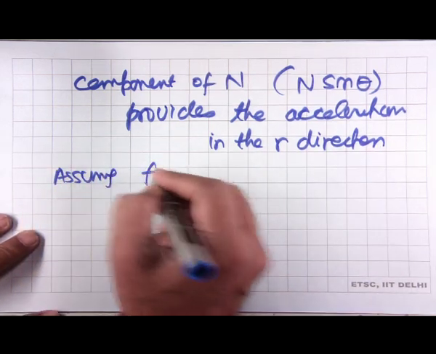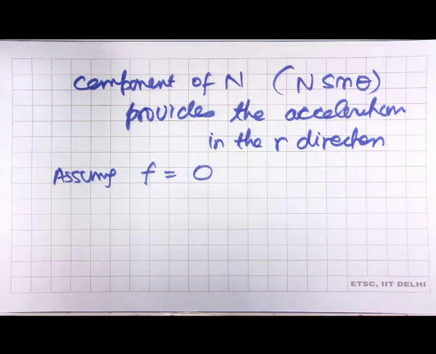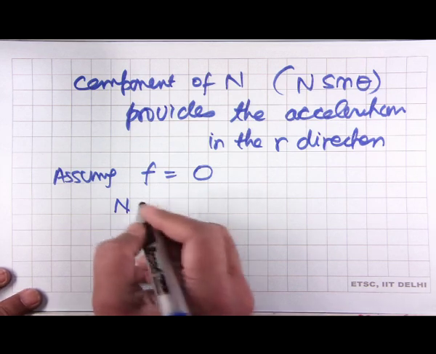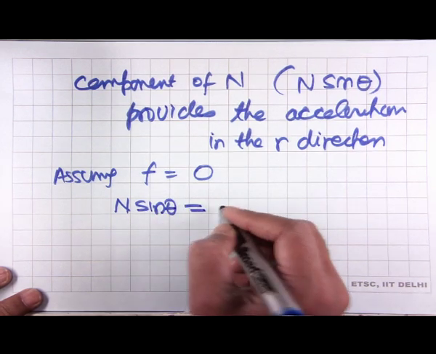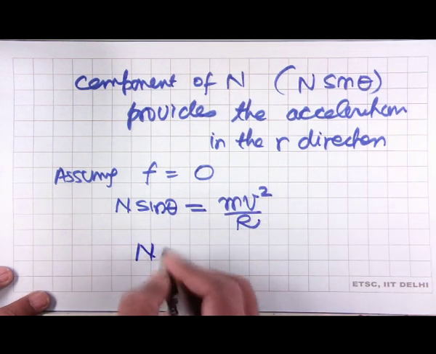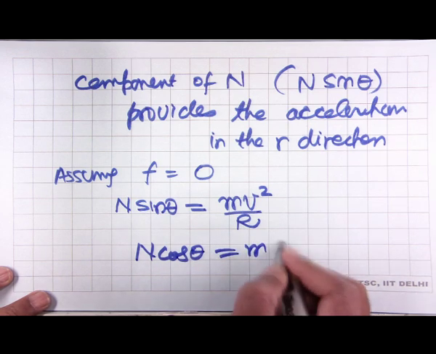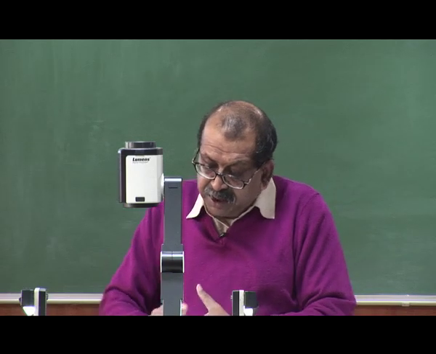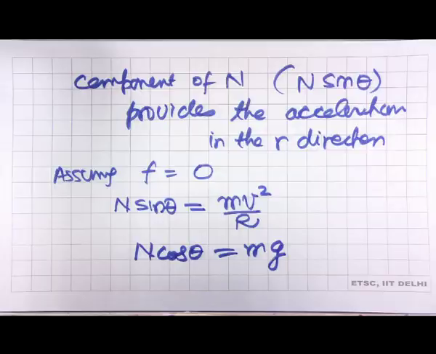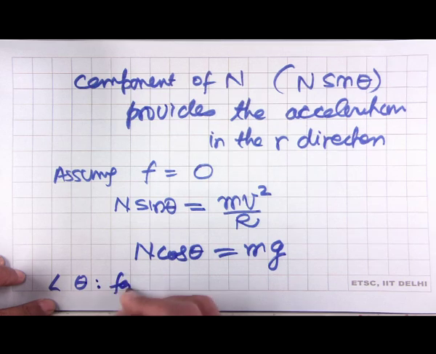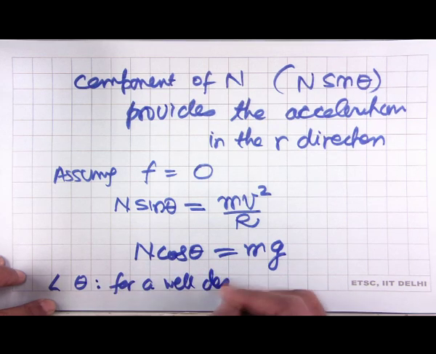Assuming a case where friction force is 0, there is no friction, then N sin theta is equal to mv square upon r, and N cos theta is equal to mg. From here we can work out, for a road which is perfectly banked, that means we do not require any friction, the angle of banking theta for a well designed road.